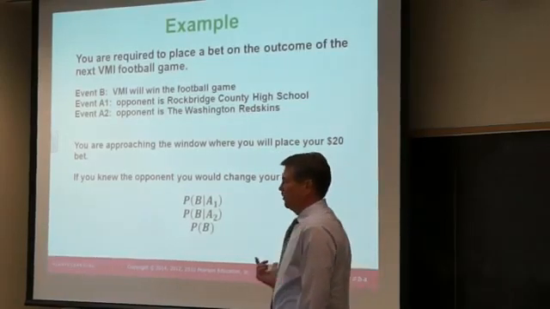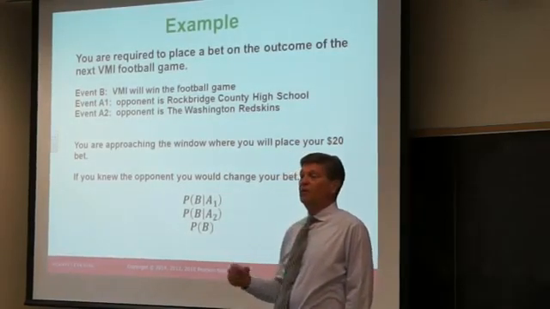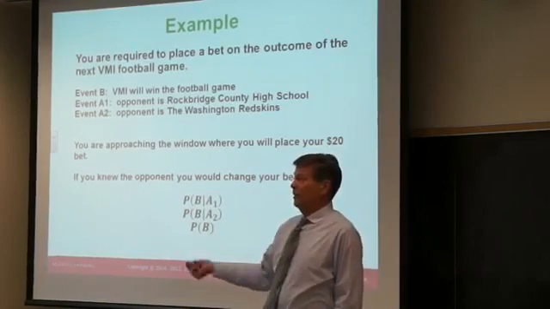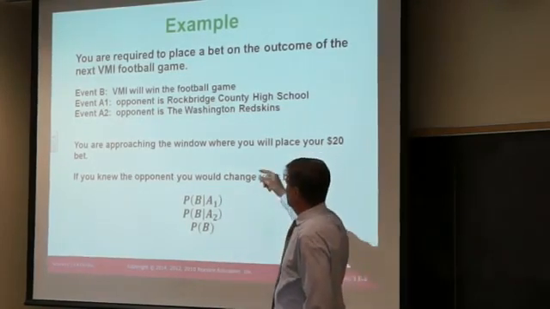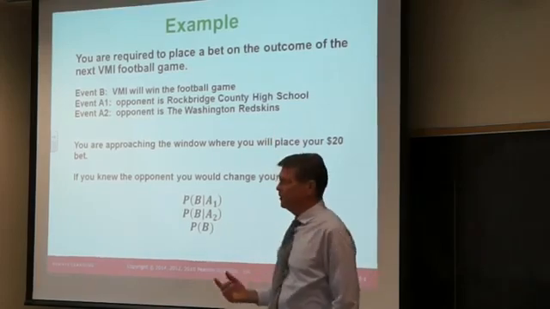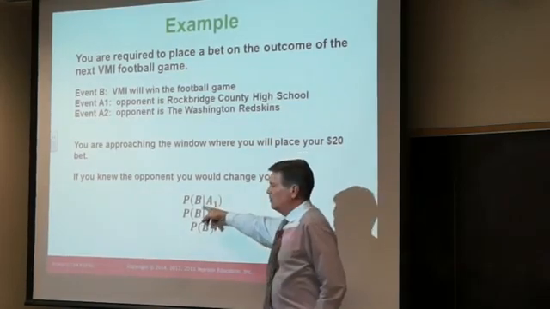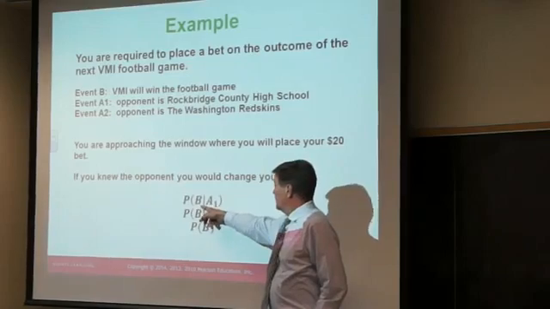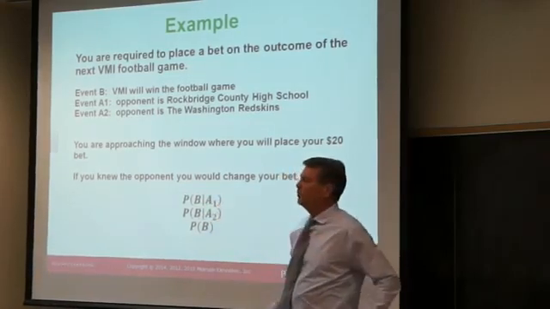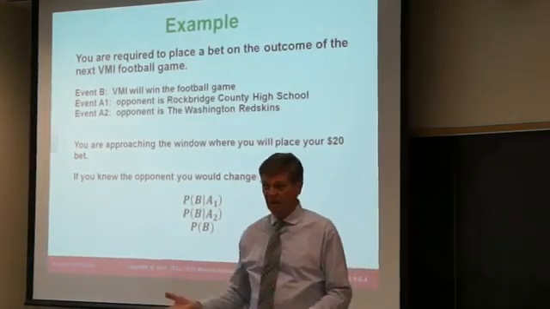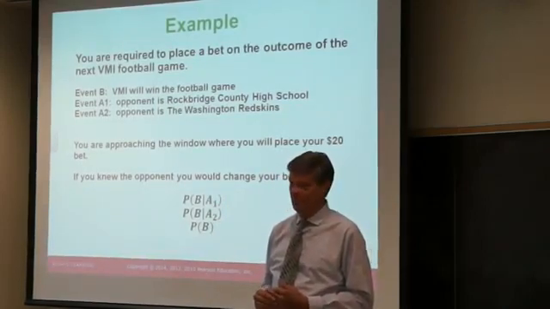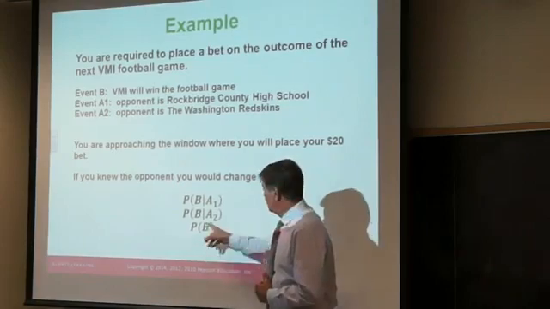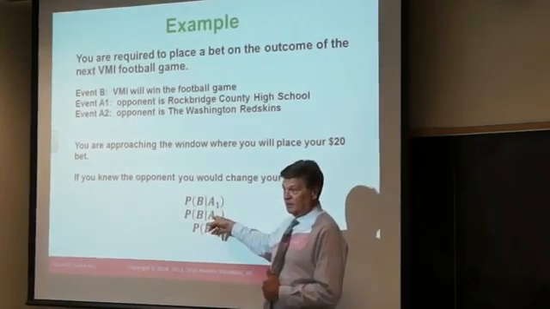If you have additional information, you can improve that a priori probability. For example, if you know the opponent is Rockridge County High School, then we'd say the probability now that VMI would win is the probability of B given A C1. Right? We've been thinking like this. If you're playing the Washington Redskins, you'd probably adjust your probability again, given that information, and you'd say it's different.